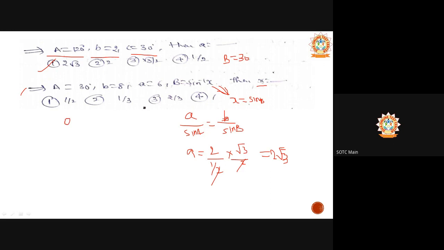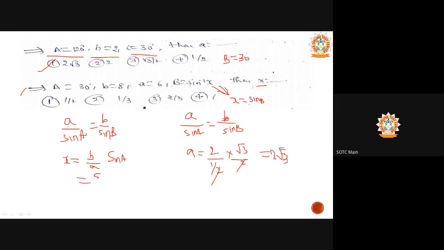So now use a by sin A is equal to b by sin B. So here in the place of sin B you can put x. Right? Now x is equal to what? This sin B is equal to b by a into sin A. So what is b?